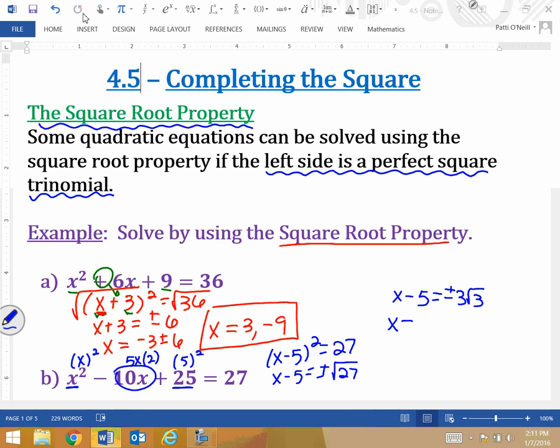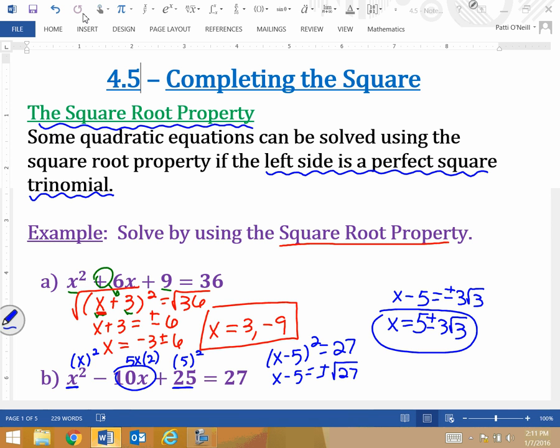And in turn, we end up with x equals 5 plus or minus 3 radical 3. These are our two roots, 5 plus 3 radical 3 and 5 minus 3 radical 3. Now, we're going to leave our answers exact, so I'm going to ask you to leave them with radicals in them.